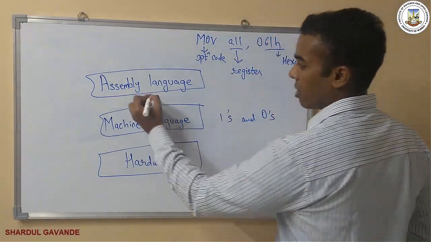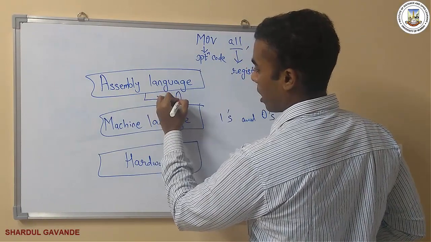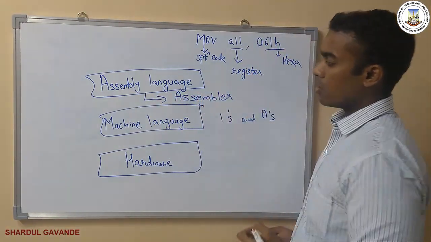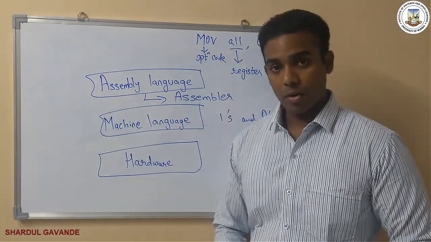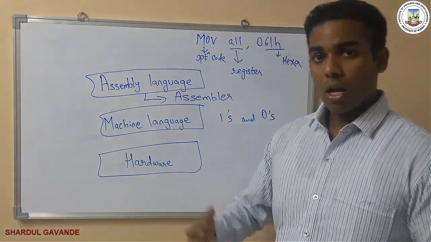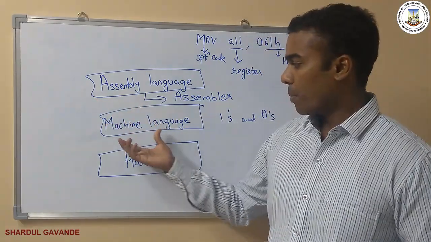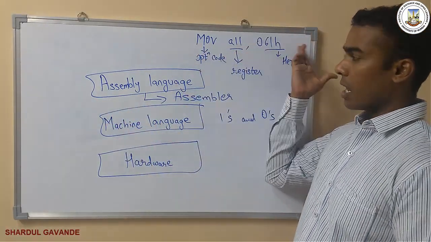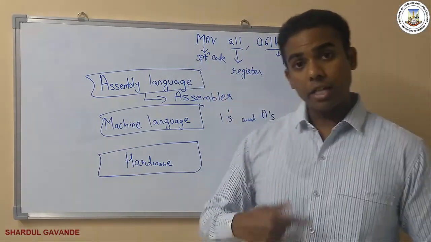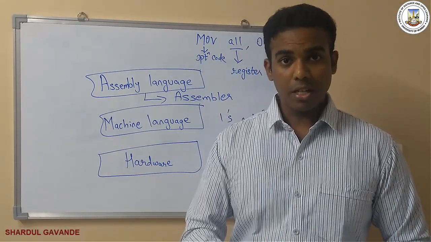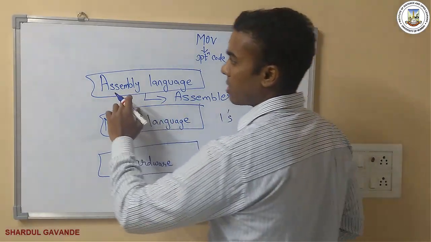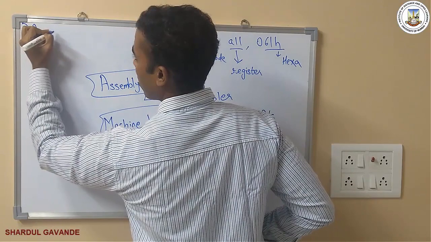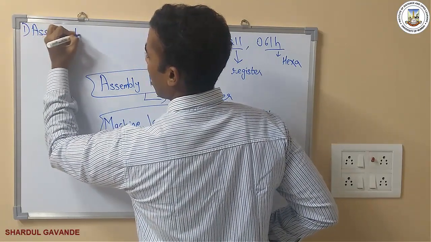So we have a component over here called the assembler. The assembler is used to convert your low level language into machine level language so that your computer could understand this instruction and execute it accordingly. Is it clear? Okay, so let's put this assembly language in our list. Very first we have assembly language.